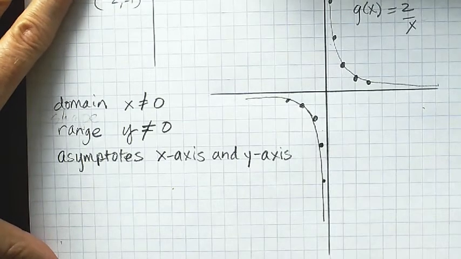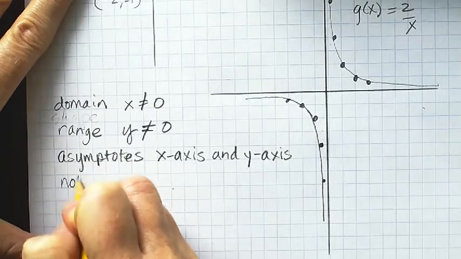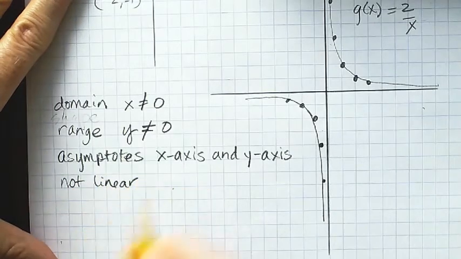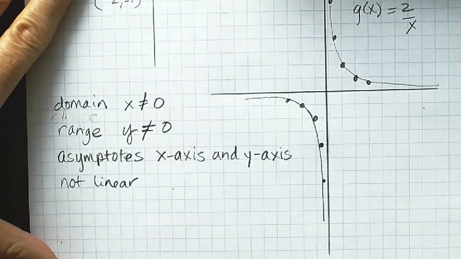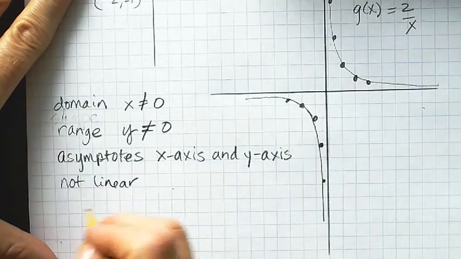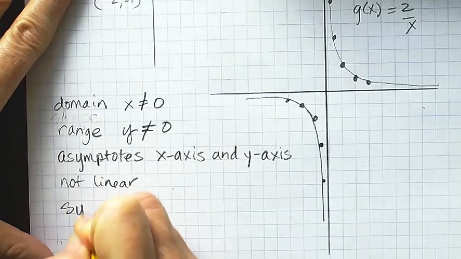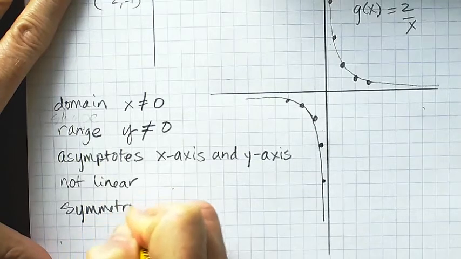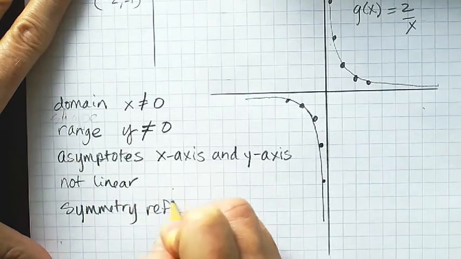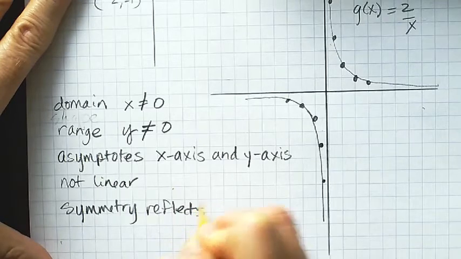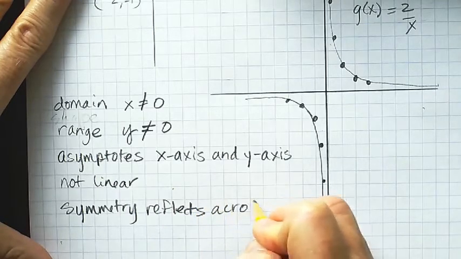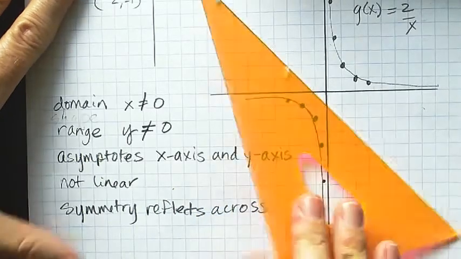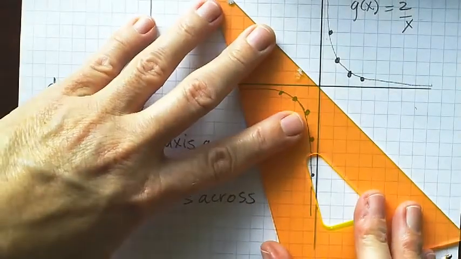It's not linear. You could say that about the shape. We do have symmetry. It reflects across the line y equals -x.